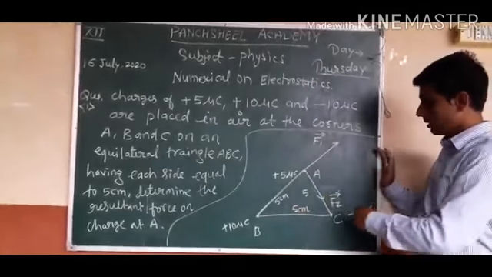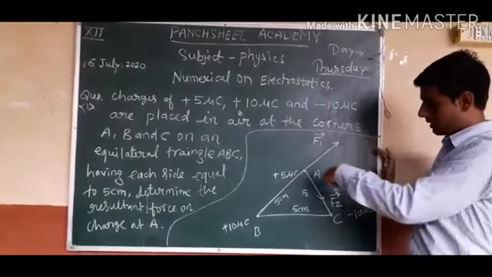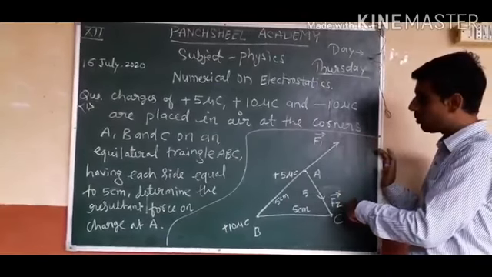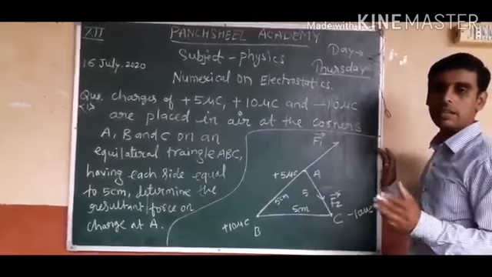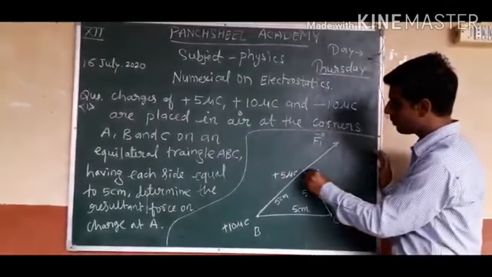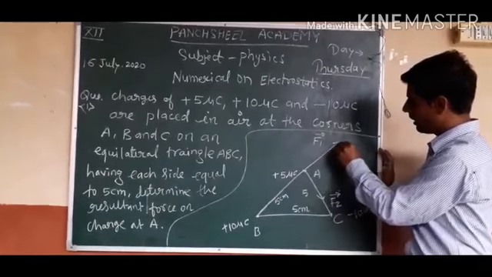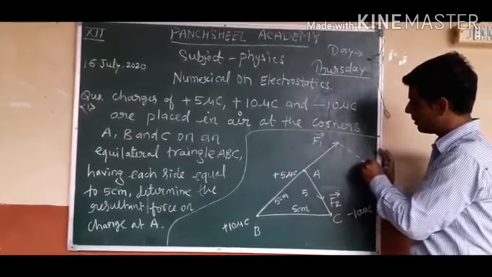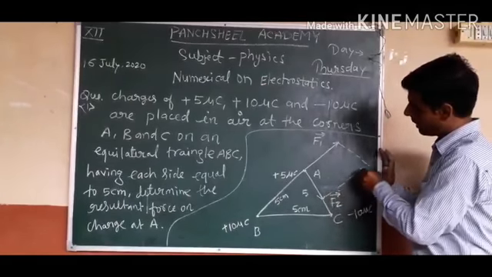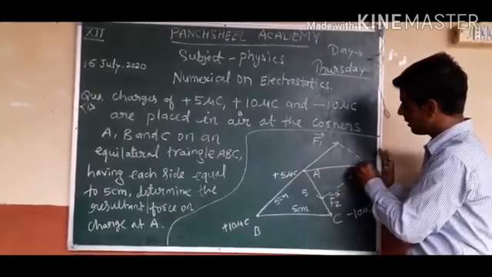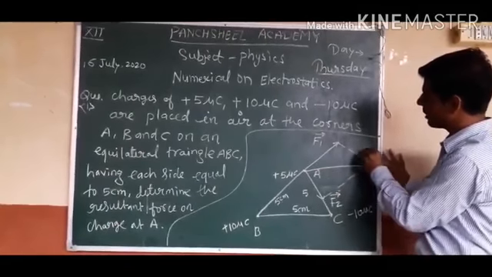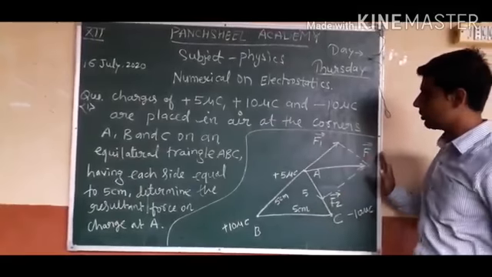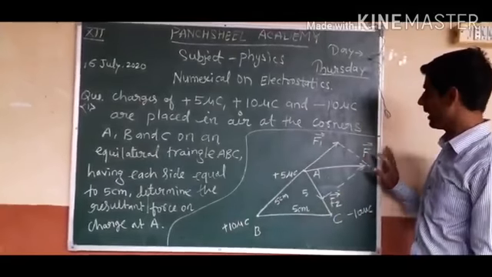So one force in this direction and the second force in this direction. So we take a resultant of these two forces. If I extend like this and like this, then there is a resultant force, that is F. So you have to calculate F.